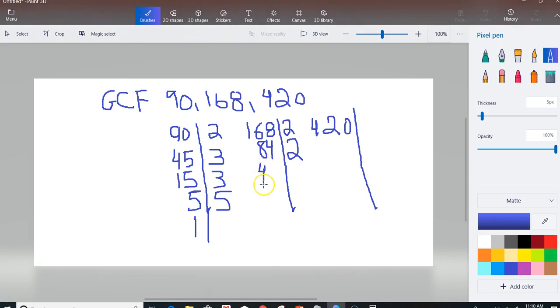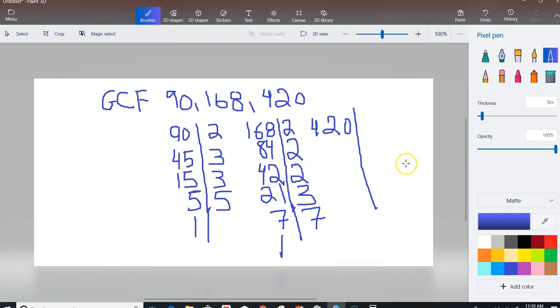That will give me 42. And as you can see, it's an even number, so we can keep dividing by 2. In this case, it will be 21. 21 is divisible by 3, which gives us 7. 7 is a prime number, so it can only be divisible by itself and 1. So the prime factorization of the number 168 is 2 times 2 times 2 times 3 times 7.